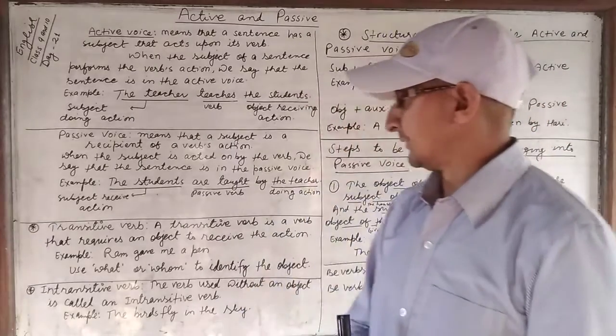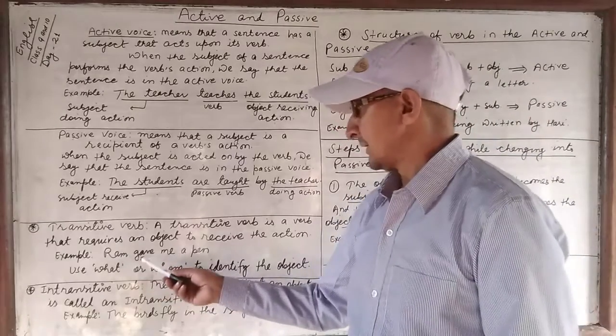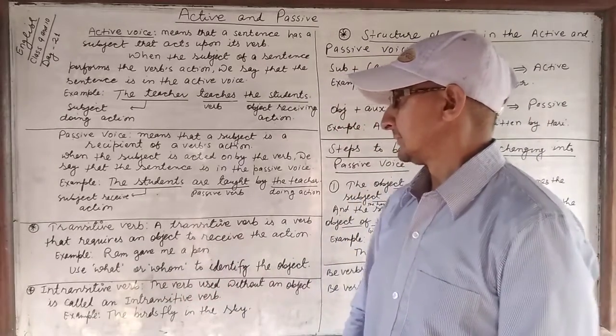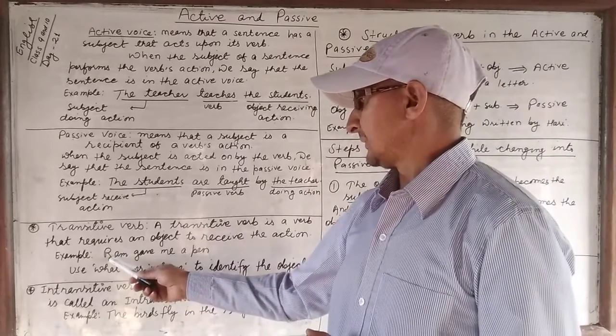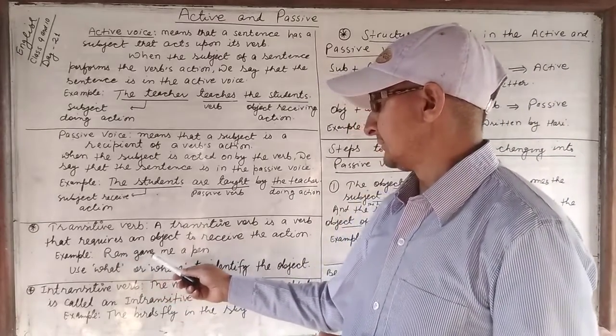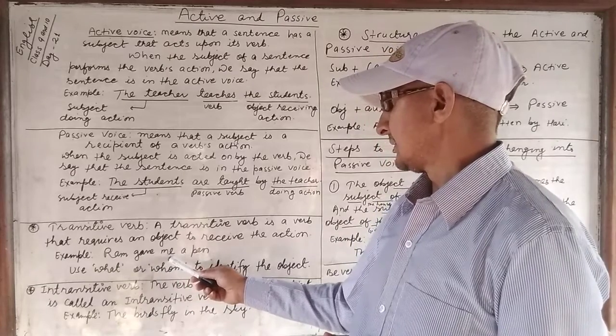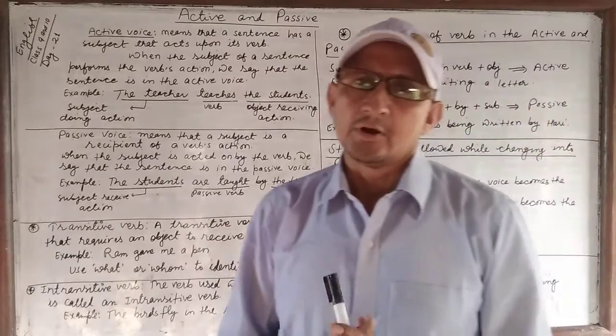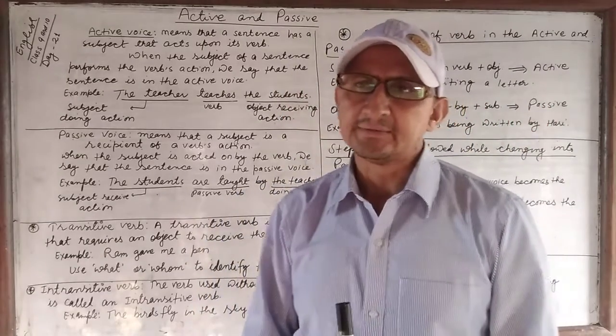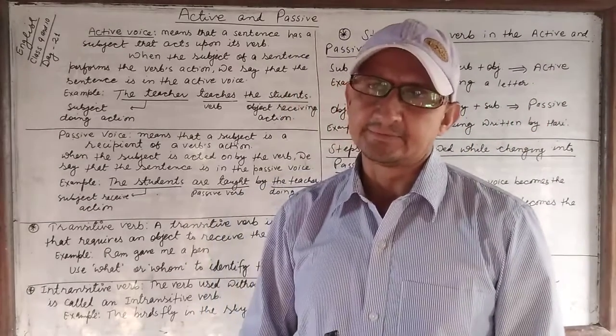Let's see the example. Ram gave me a pen. Ram is the subject, gave is the verb, and me and a pen are objects in this sentence.